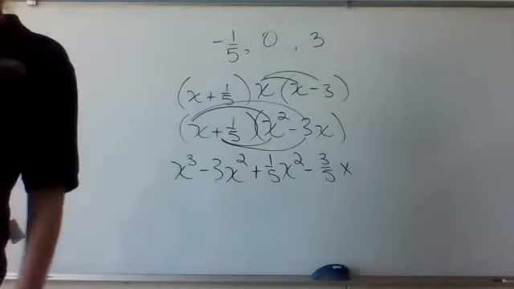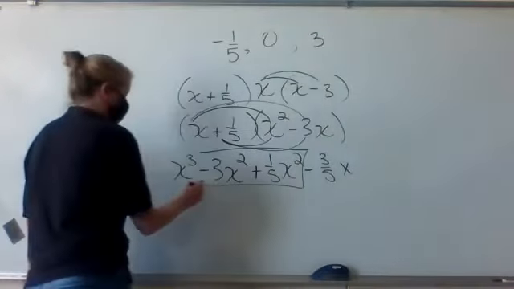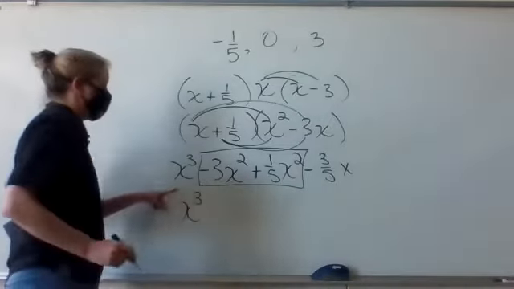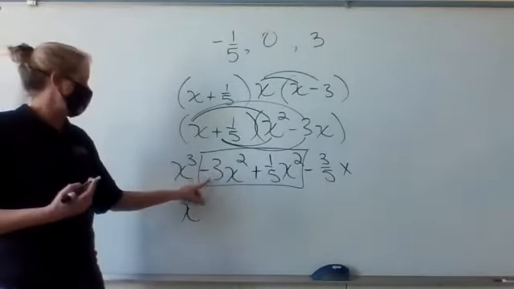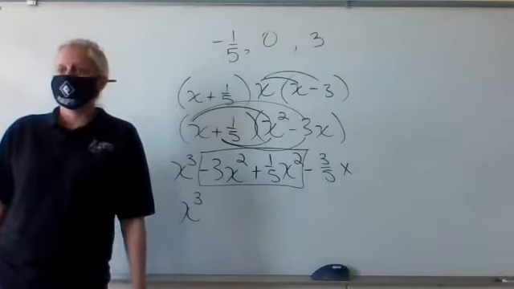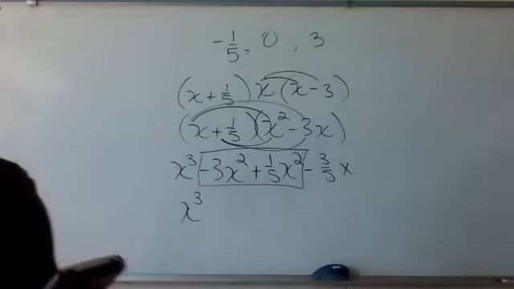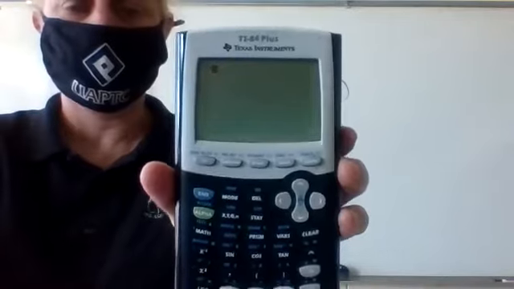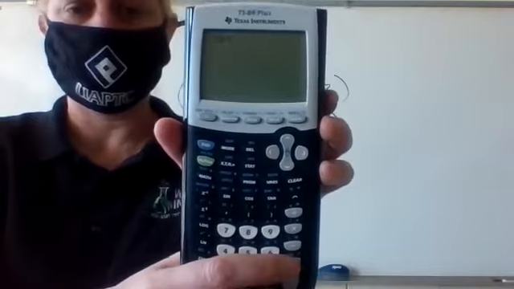Now, what else? I need to clean this up, right? Because these are both x squareds, which means I need to put them together. So I'll just bring down the x to the third. Just remember, you're putting x squareds together. So I just need to know what negative 3 plus 1/5 is. I can definitely do that in my calculator. So just tell it exactly what you want to know. Negative 3 plus 1/5.